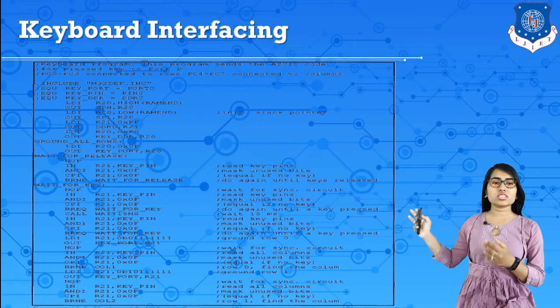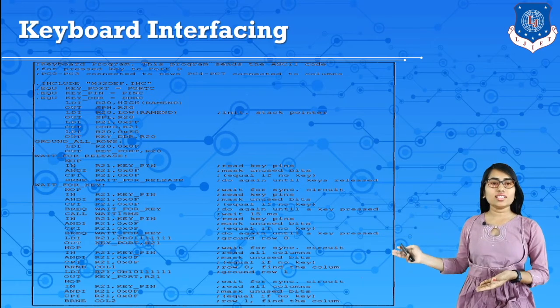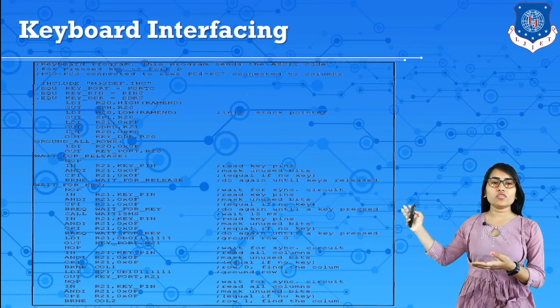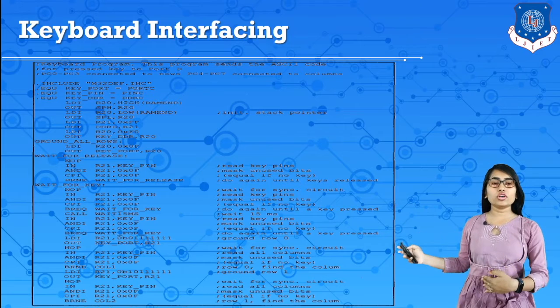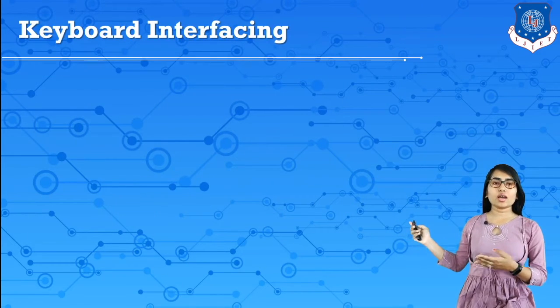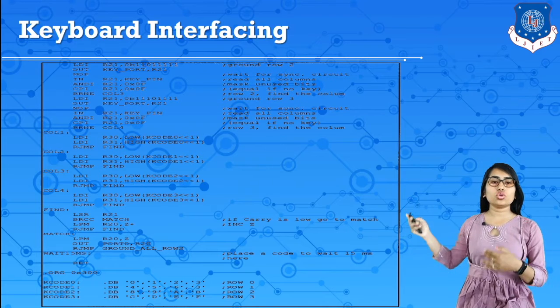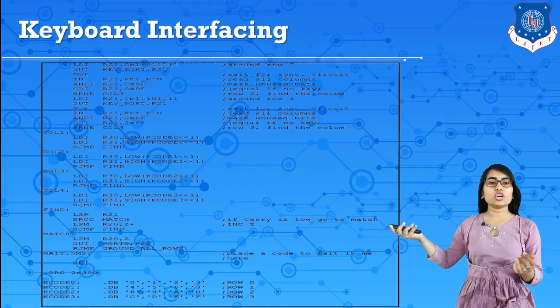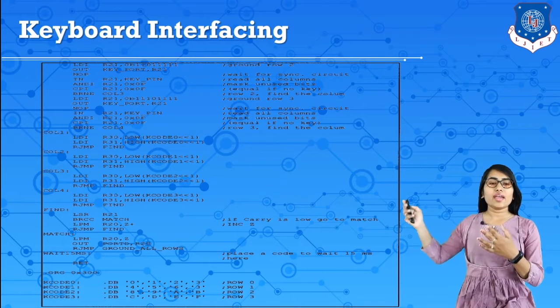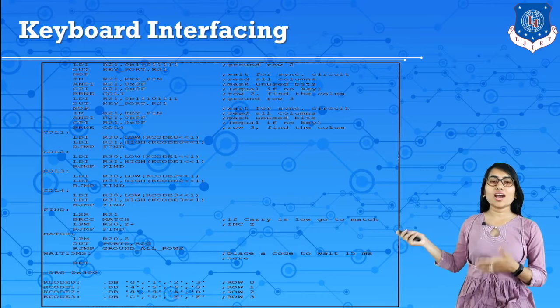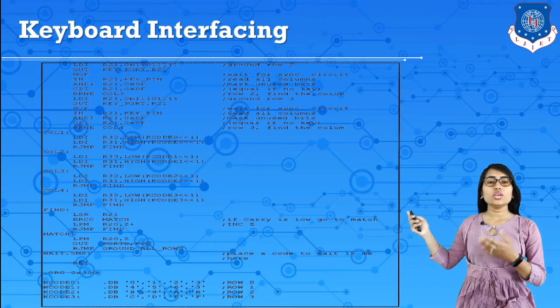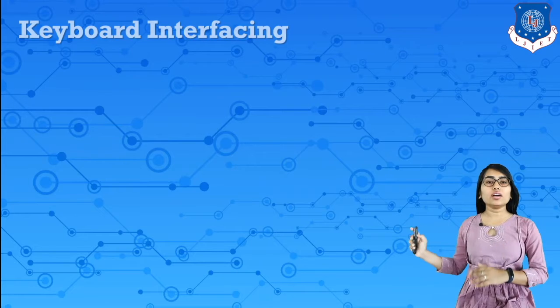We have loops: first wait for release, then wait for keys, and then the code checks all the columns, and we have the ASCII characters. This is how the keyboard interfacing program can be done with AVR.